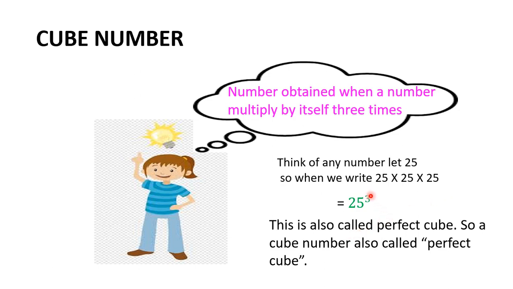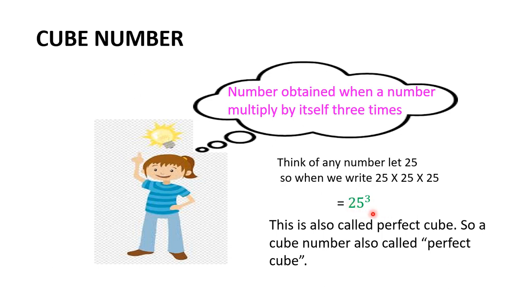So this is also known as a perfect cube. Why is it called a perfect cube? Because only when we have 27 small cubes can we form a big cube.